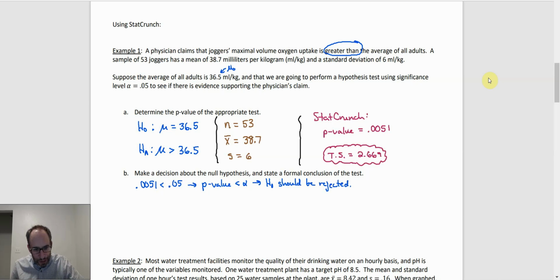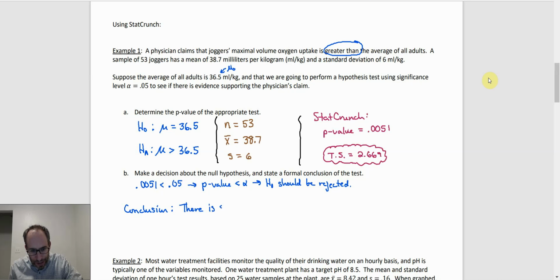And then for the conclusion, let's see. So I guess we'll say that there is sufficient evidence, or enough evidence, to conclude what's in the alternative, just having the alternative written in words.